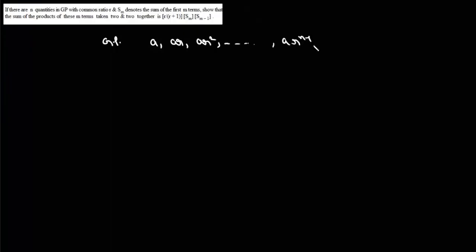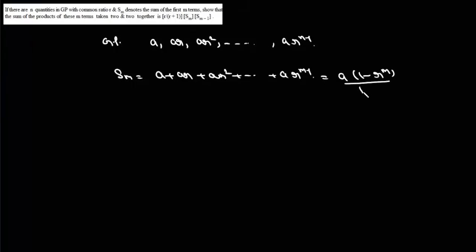And if Sm denotes the sum of first m terms, so this Sm is a plus ar plus ar square up to ar to the power m minus 1. Then it says show that the sum of product of these m terms taken 2 at a time is this value.